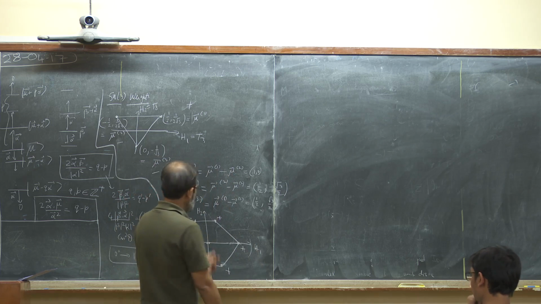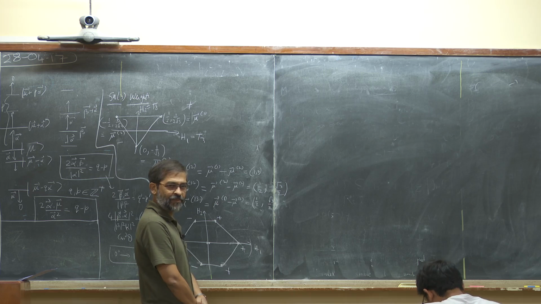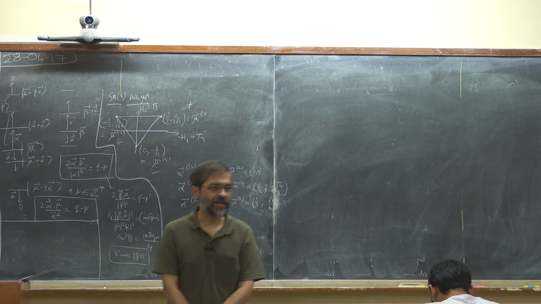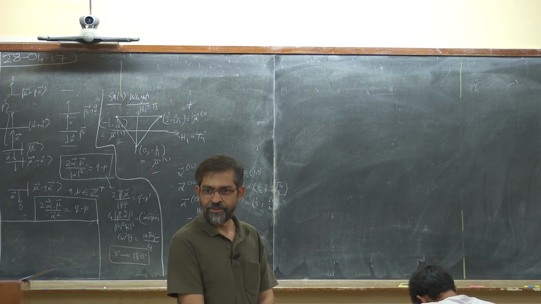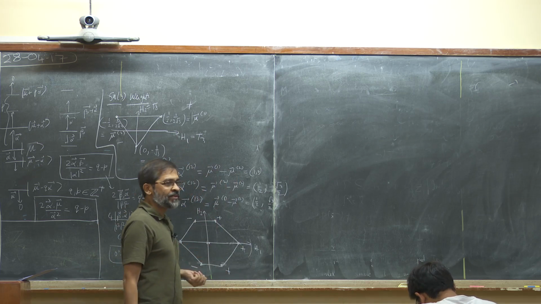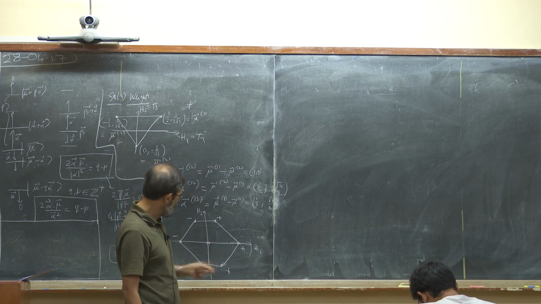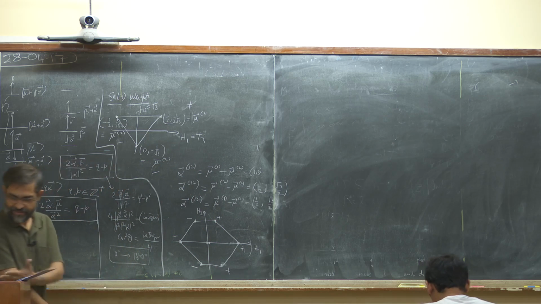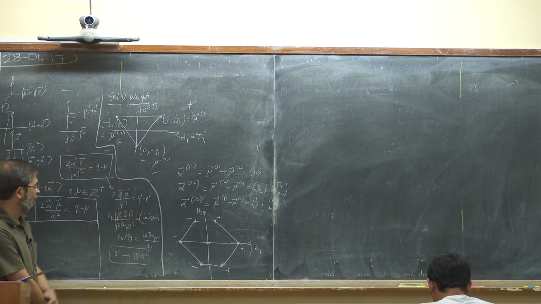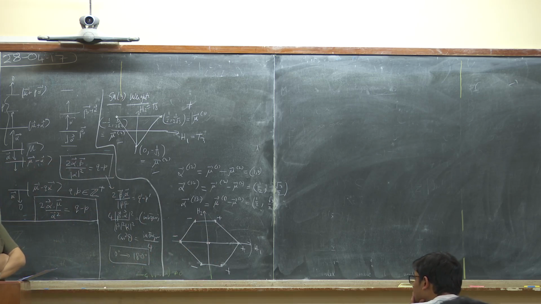We will make a further refinement in the space of positive roots, namely simple roots and non-simple roots. Simple roots are positive roots which cannot be written as a sum of positive roots. In this diagram, can somebody tell me which roots are simple roots?